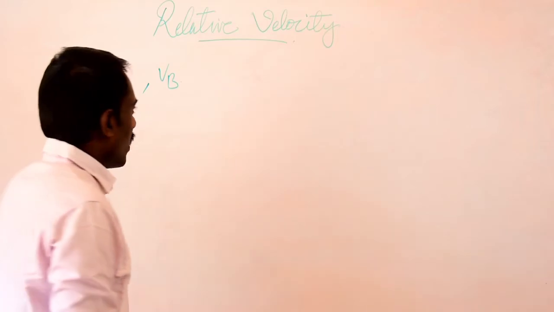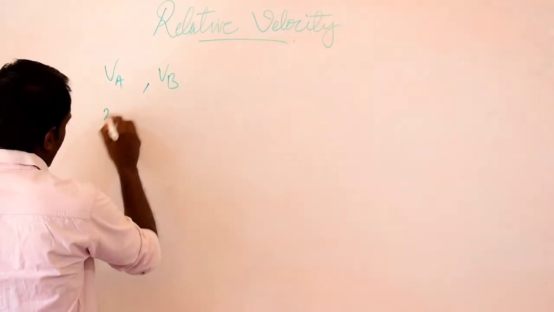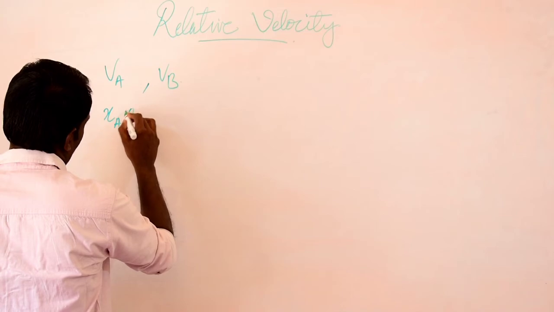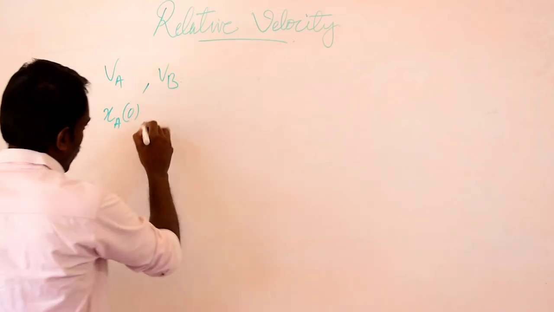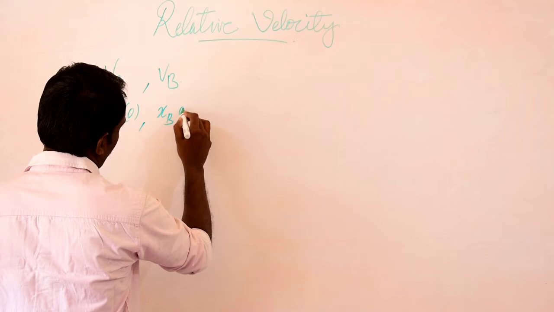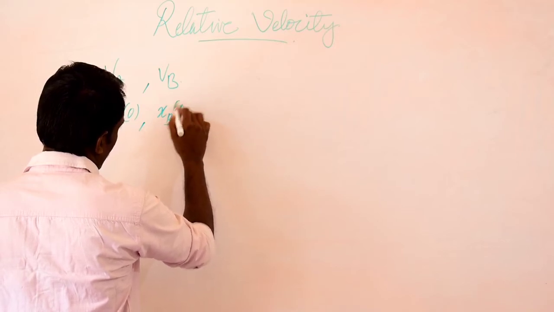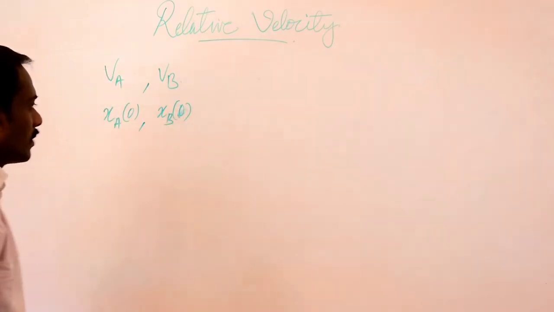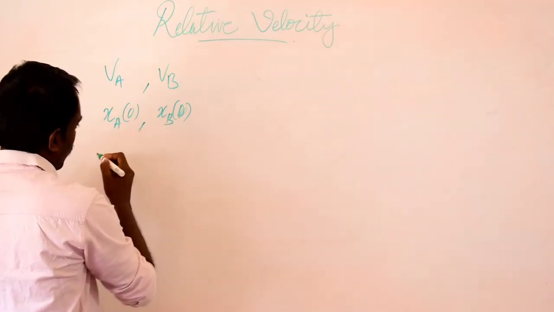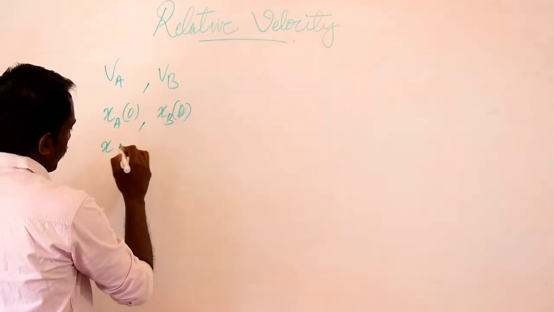Then they are covering a distance xA0 at the time t equal to 0, and another distance xB0 at time t equal to 0. So they cover distances xA and xB after a time t.